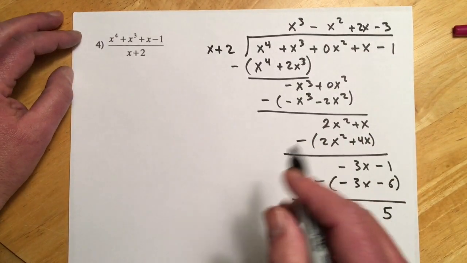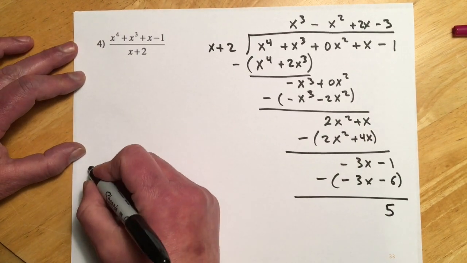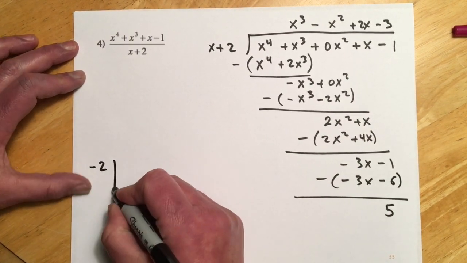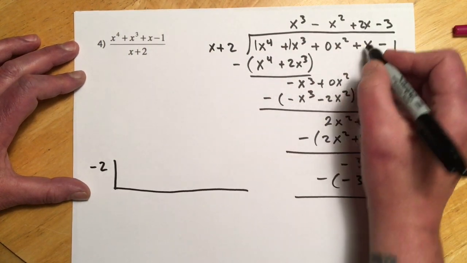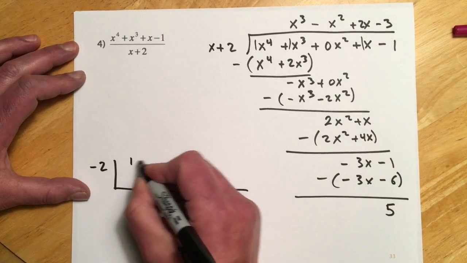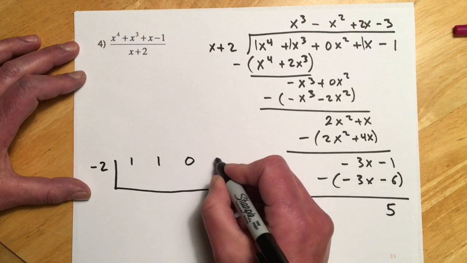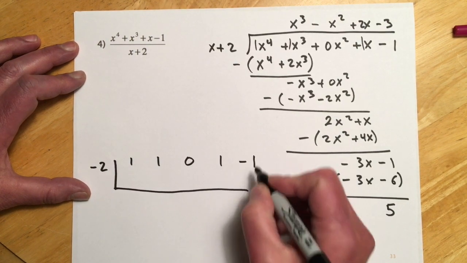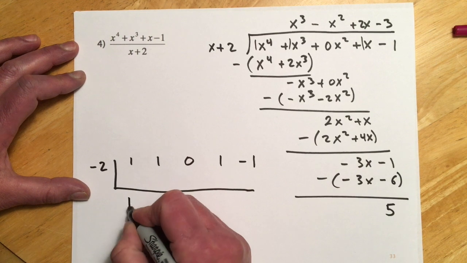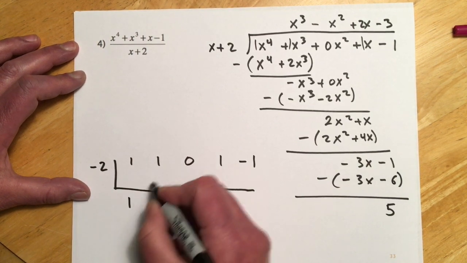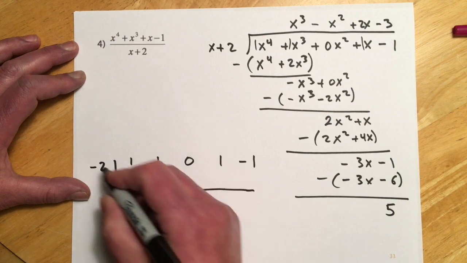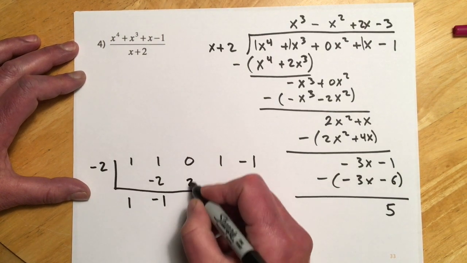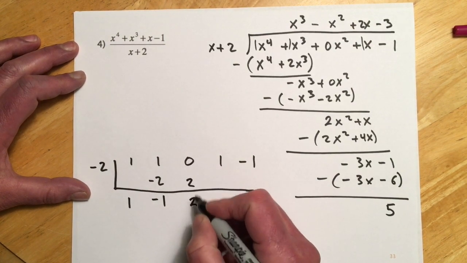And then let me show the same problem using synthetic. So we do a negative 2. And then these are all just 1s. So it'll be 1, 1, 0, 1, negative 1. So bring down the 1, negative 2 times 1, negative 2. Adding those, I get negative 1. Negative 2 times negative 1 makes 2. 0 plus 2 is 2.